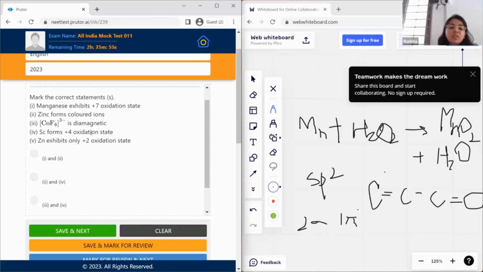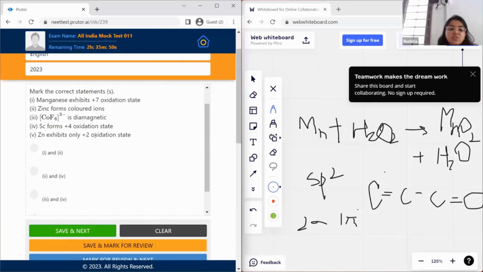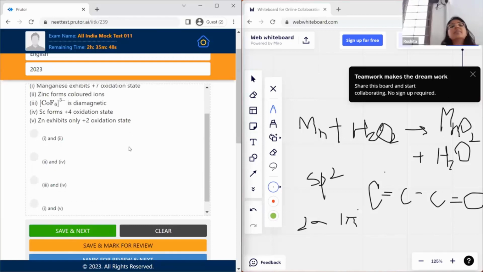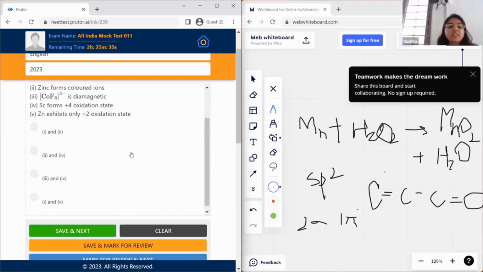Se forms +4 oxidation state. This is also incorrect. It won't form a +4 state. But Zn exhibits only +2 oxidation. Yes, this is correct because the outermost shell of Zn would have 2 electrons, and it would give out those 2 to become a stable structure. So it would exhibit only +2 oxidation state. So 1 and 5 are correct.